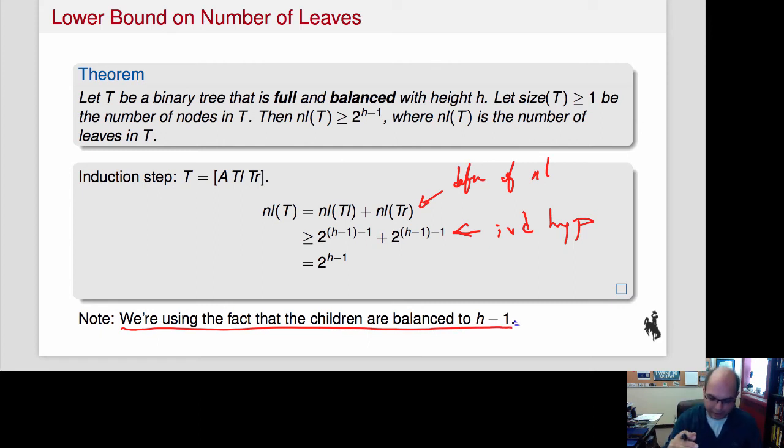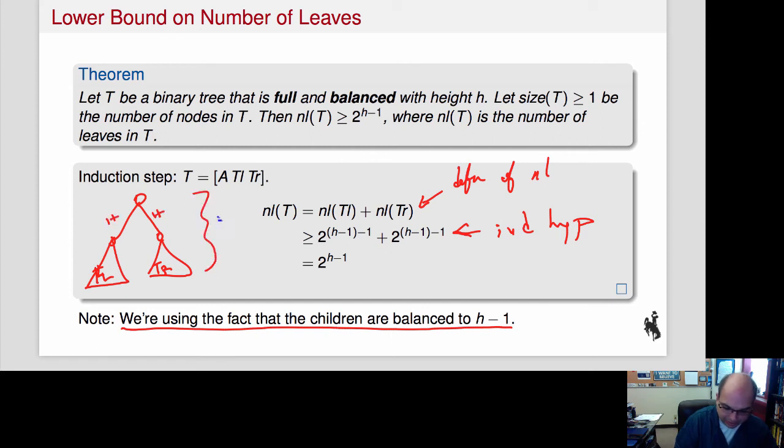If I have a tree that is balanced to h, then the subtrees must be balanced to h minus 1. If that wasn't true, it simply wouldn't work, because I simply take away the top of the tree. So I look like this. What I have here is a subtree, which is t sub l, and I have t sub r here, and this is 1 plus to the h.